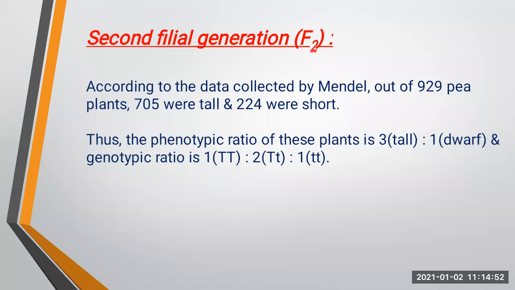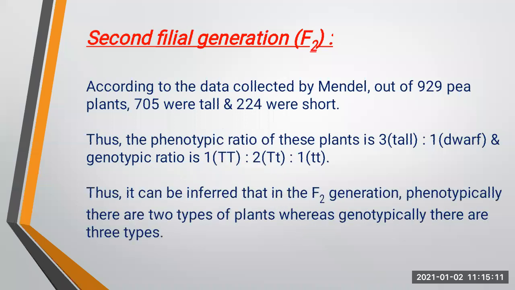So though the phenotypes are two, and the ratio is 3:1, the genotype ratio is 1:2:1. One pure homozygous, two heterozygous, and one pure recessive. So while you are practicing this at home, when you draw this table and read the information one more time, you will be clear with this topic. You will understand how it is, right?